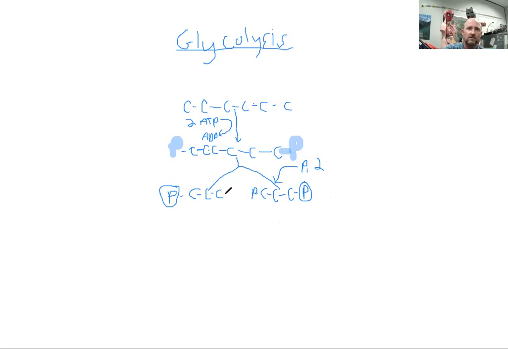So both of these molecules now have 2 phosphates, and this is called G3P, glyceraldehyde 3-phosphate, a 3-carbon molecule. We'll put that right here. Okay, so this is called G3P, and both of these molecules are now G3P.